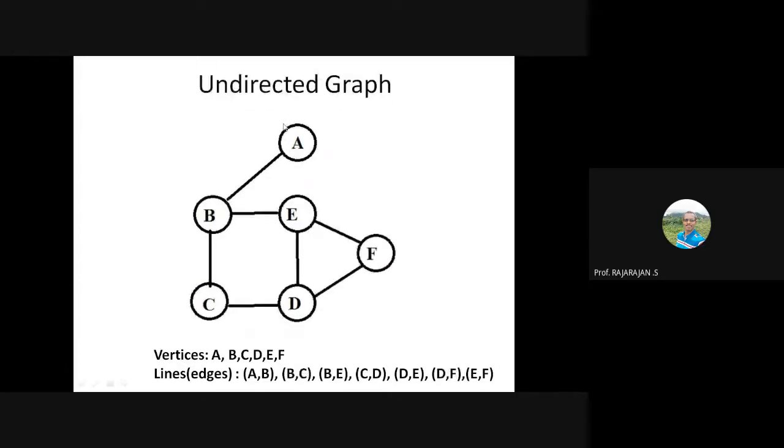Each of the characters represented are called vertices, and edges are nothing but the connections. So there is an edge between A and B, B and C, B and E, C and D, D and E, D and F, and E and F. These are called the edges.